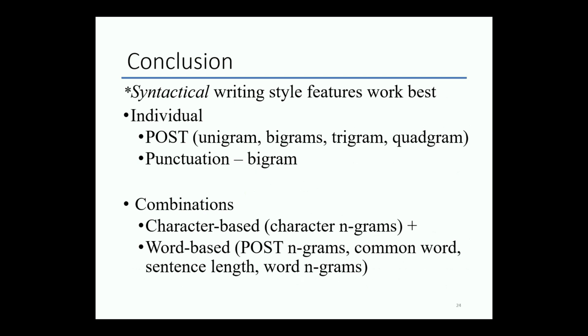And then for the individual ones, we actually found that the POS features, which are the unigrams, bigrams, trigrams, and quadgrams, are the ones that give us the best results. And punctuation bigrams also work best with cross-genre and cross-topic identification. And then for the combinations, the particular features that could be tried further are character-based n-grams and word-based writing style features, such as POS n-grams, common words, sentence length, and word n-grams.